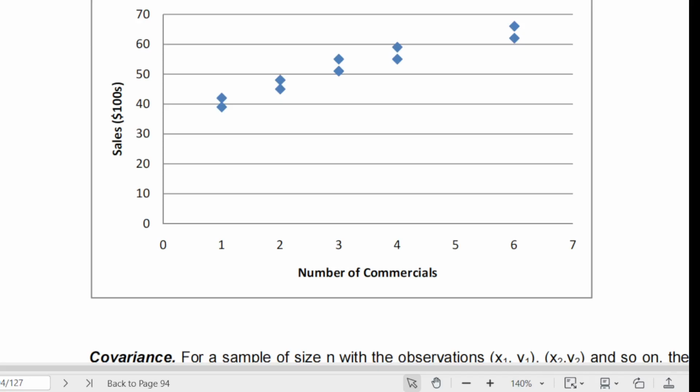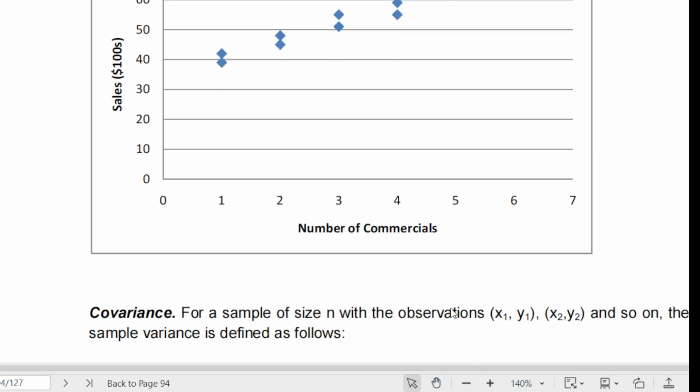Okay, so this is now the scatter plot. As you can see, as the number of commercials increases, the number of sales increases. So we are going to compute right now our covariance for our sample.